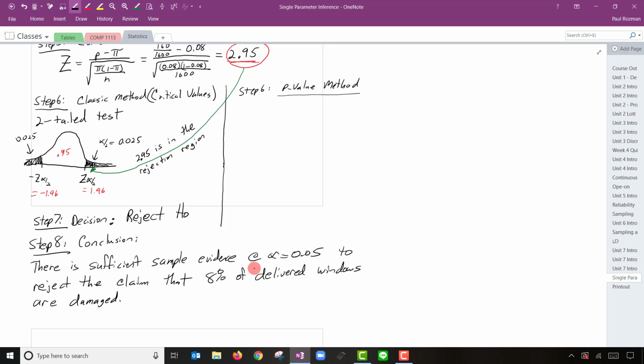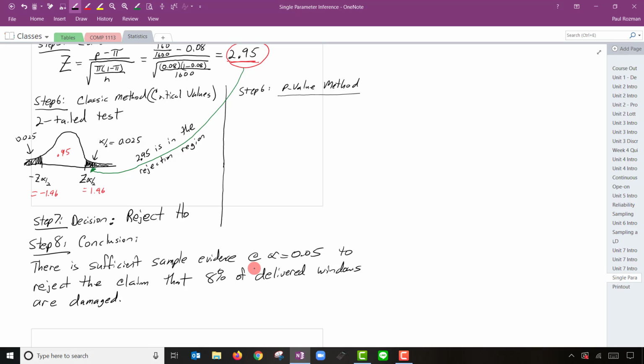If you have a 5% chance of rejecting the null hypothesis even though it's true, it's impossible to know the probability of not rejecting it when it's false unless you know what the actual answer is. So it's one of those situations where you can't say what that second probability is.